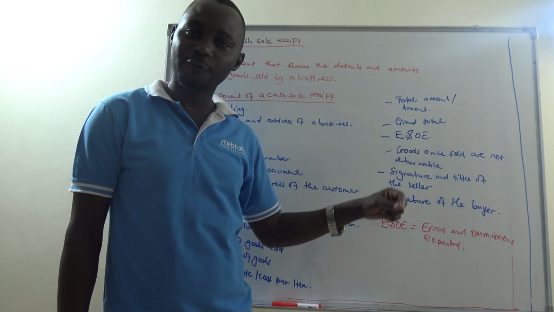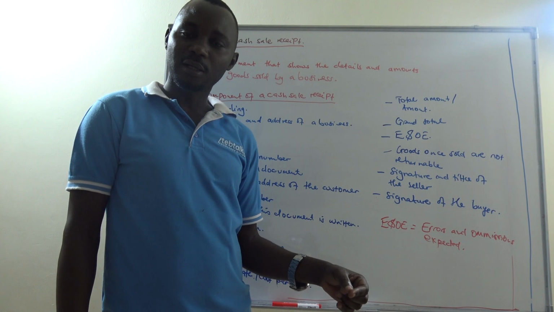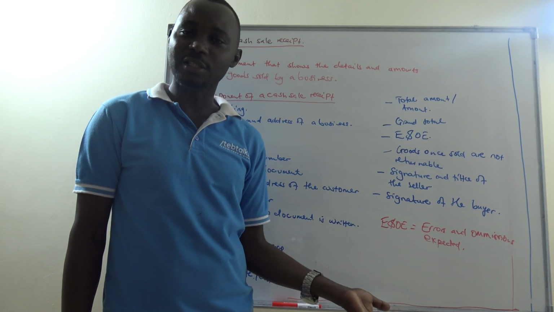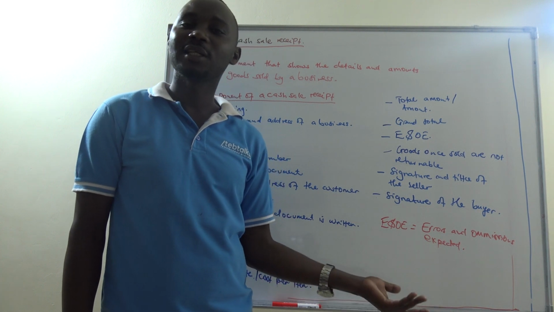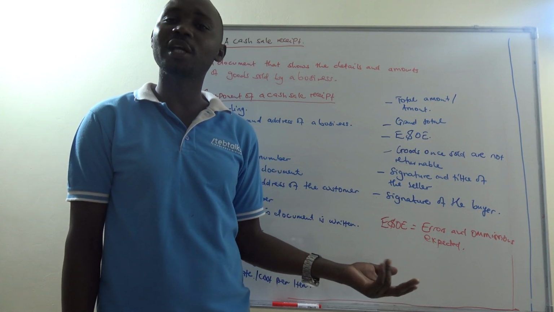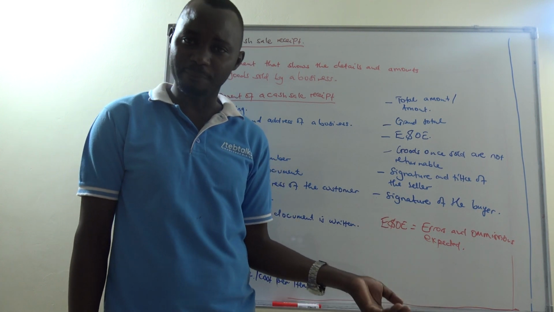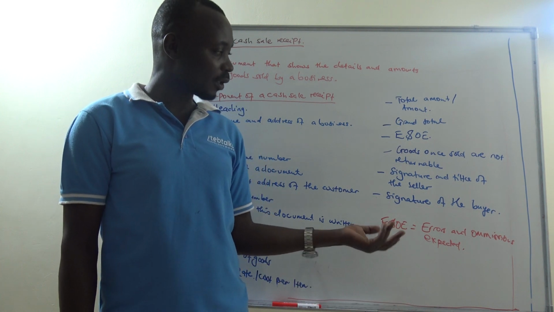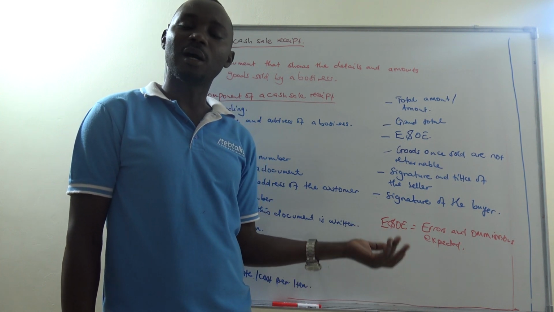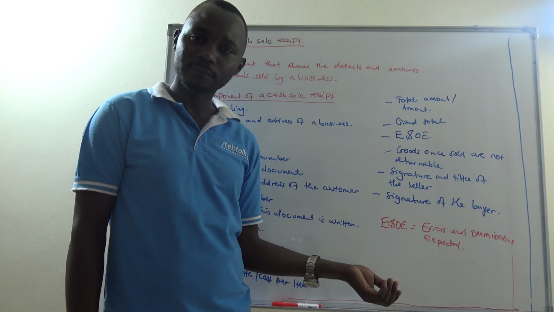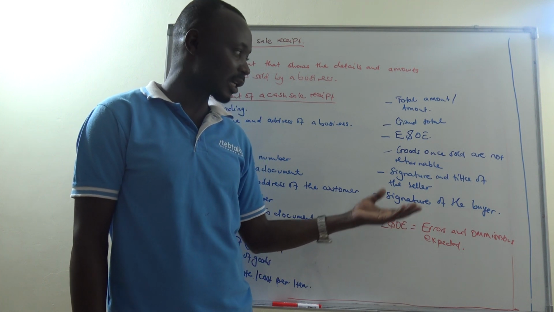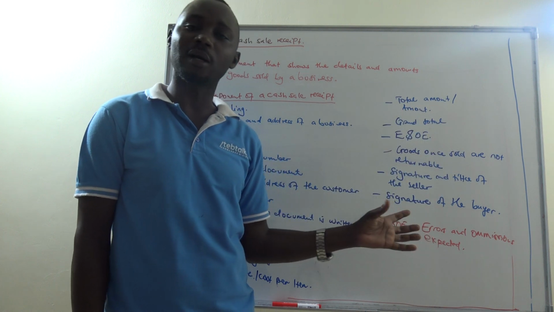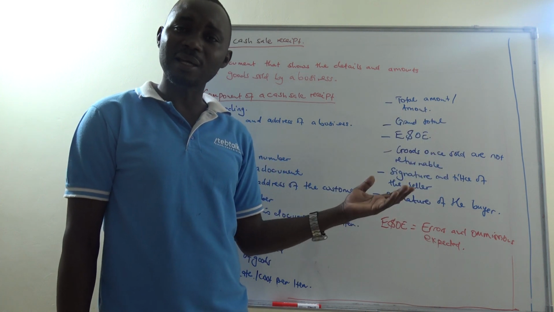For example, if someone orders for 2 benches and you send him 4 benches, there is a mistake, there is an error. He will return the 2 because he didn't order for them. If he says, I want 10 cupboards, and you take cupboards without some locks or keys, that is an omission.